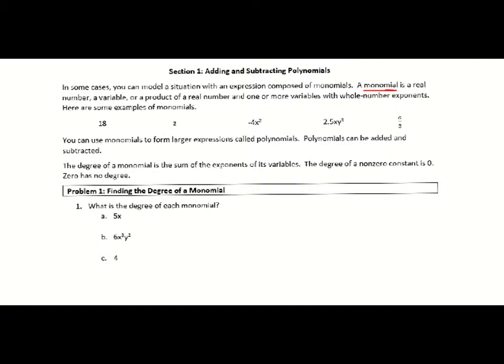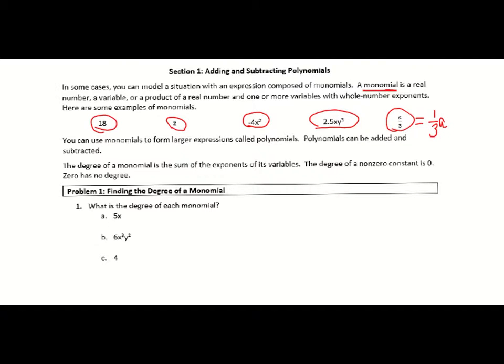So some examples of monomials would be just the number 18, the variable z, negative 4x squared, that is a combination of a number and a variable, 2.5xy to the third, a fraction, a over 3, which could also be written as 1/3 a.